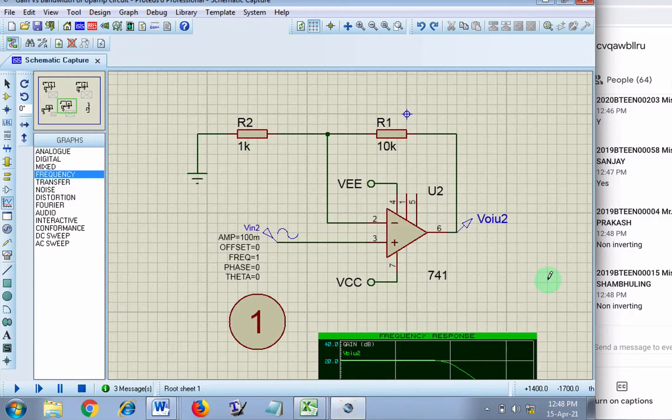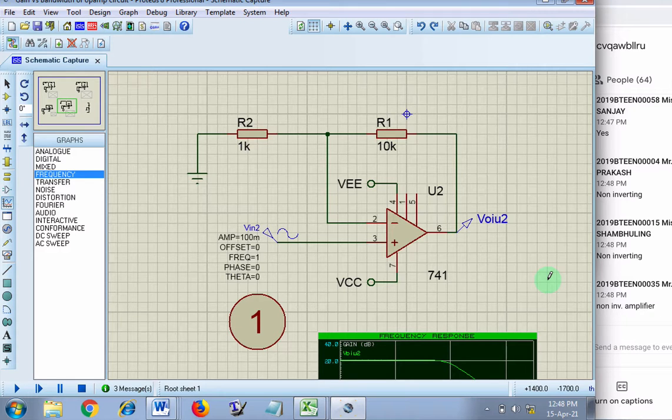Fine. So this is a non-inverting amplifier. How much is the gain? 1 plus R2 by R1, or R1 by R2 in this case. So 1 plus 10k by 1k, that is 1 plus 10, that is 11. 11 is the gain. Fine.